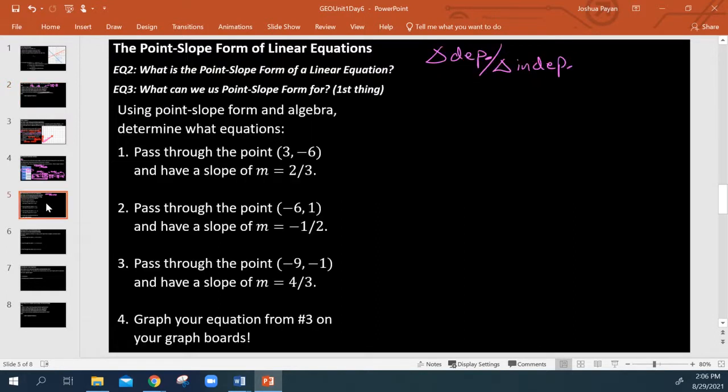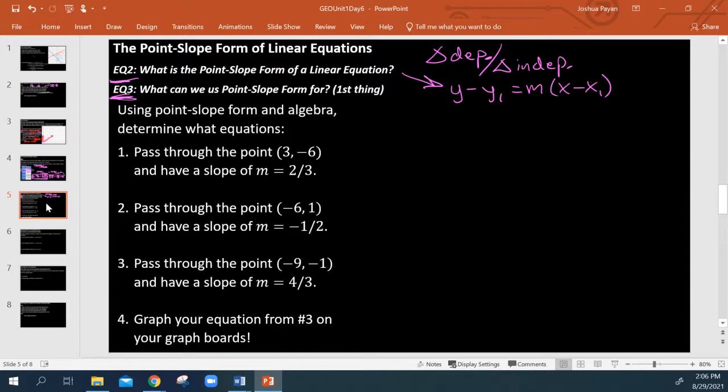Okay, so I forgot to answer that. But now we're on to equation 2, EQ2. So what is the point slope formula of a linear equation? That is given by y minus y1 is equal to m times x minus x1. This should look familiar from Algebra 1. Okay, so now what can we use this point slope form for, right?